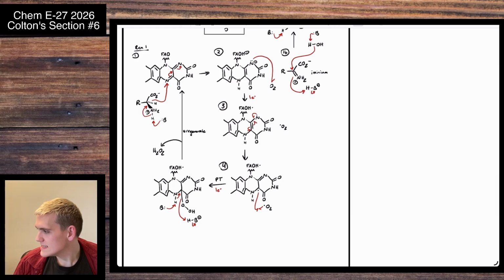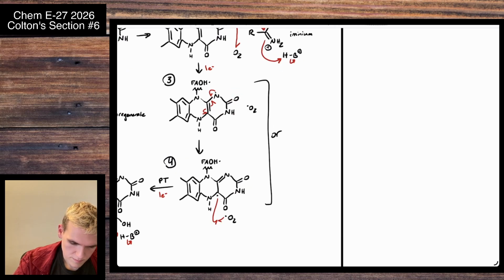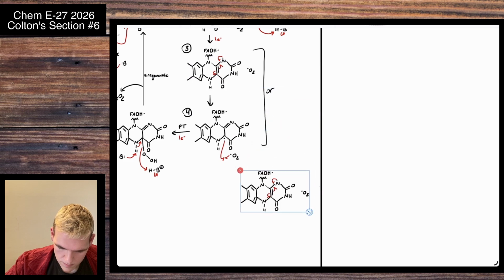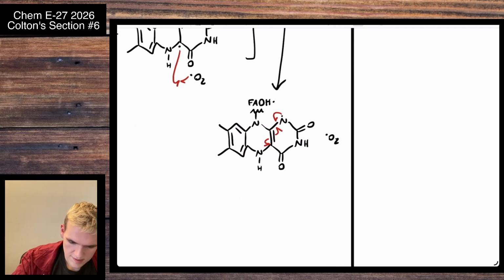So for the P set 6 key, how did they draw it? They drew it as one step. They collapsed it. So if we wanted to do this all in one, we could do step 4. Steps 3 and 4 together look very, very similar.